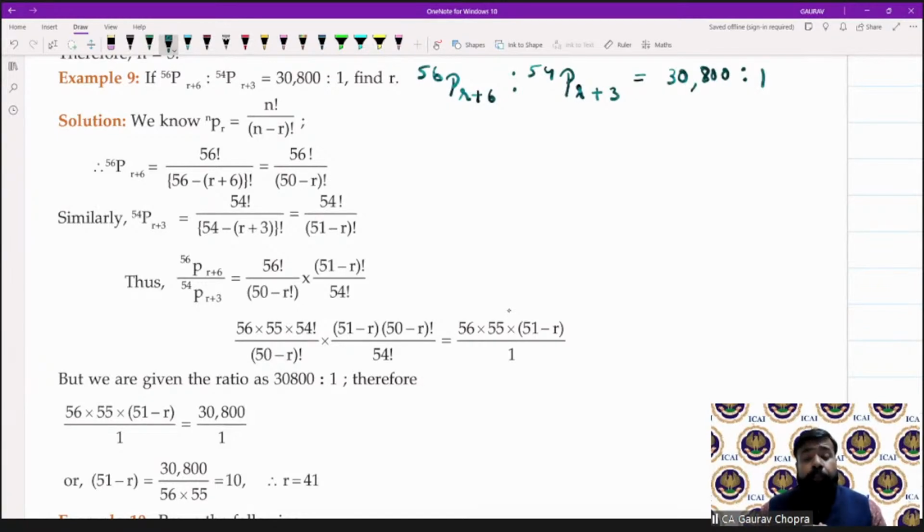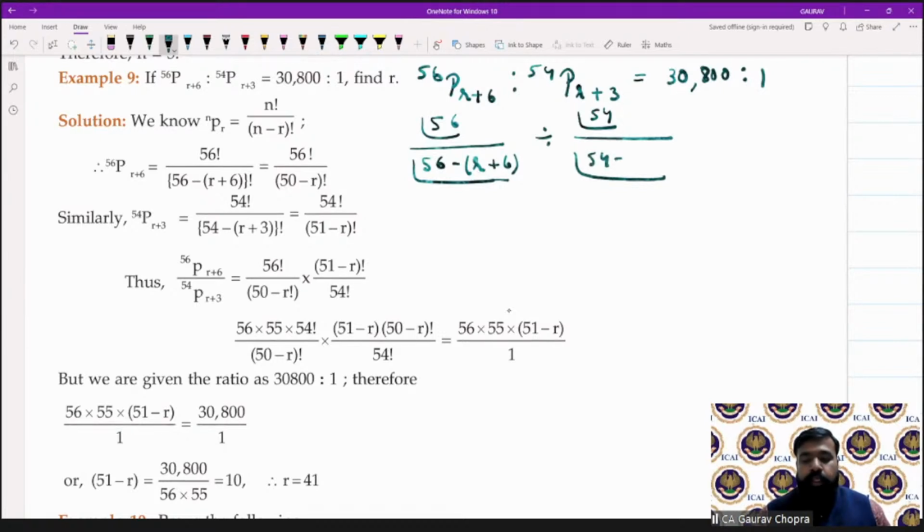Now again applying the formula for permutation, let's simplify. So 56 factorial is there. So we can write factorial 56 upon factorial 56 minus (r plus 6). Then it is a ratio. Whenever a ratio is there, we can divide the things. So it will be divided by factorial 54 upon factorial 54 minus (r plus 3), is equal to 30,800 upon 1.